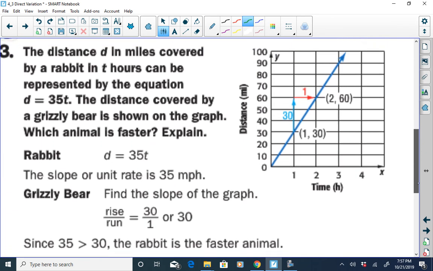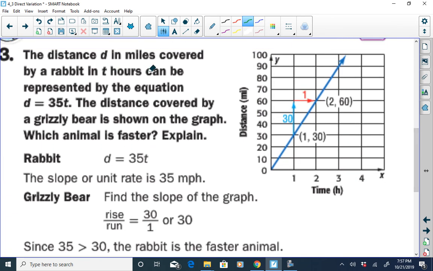The distance, d, in miles covered by a rabbit in t hours can be represented by the equation d is equal to 35t. The distance covered by a grizzly bear is shown in the graph. Which animal is faster? Well, I see the graph. I want to find the rate, or the slope. I see that my change in y here is 30.